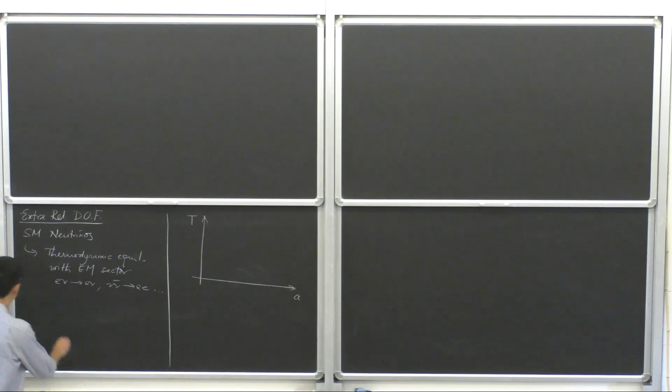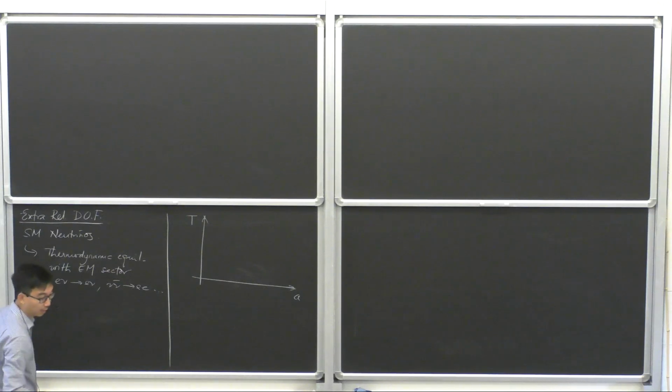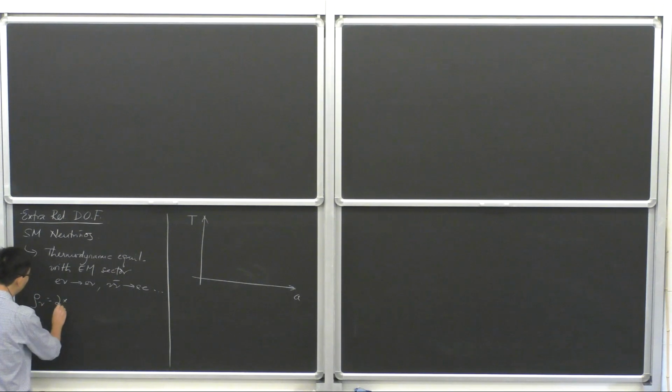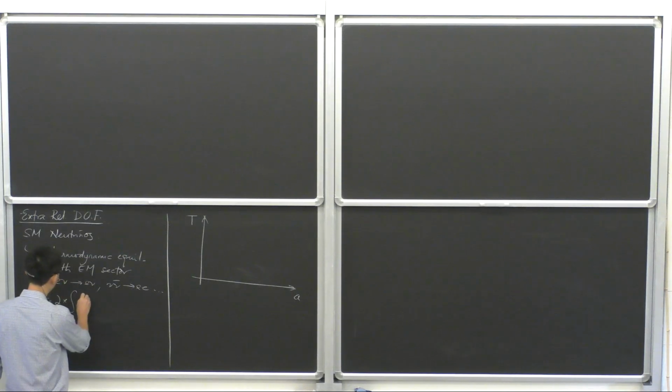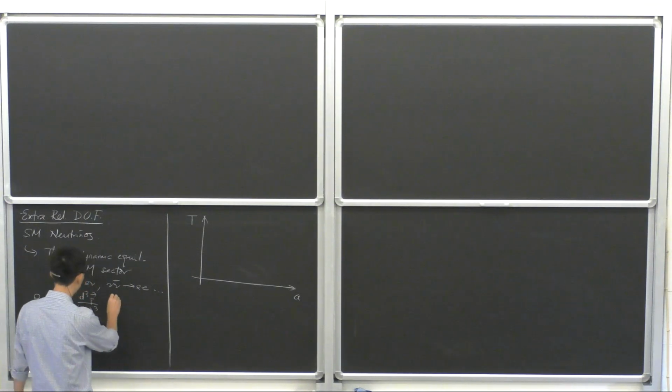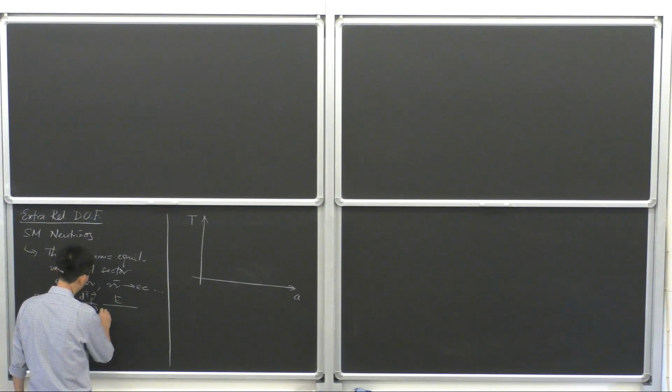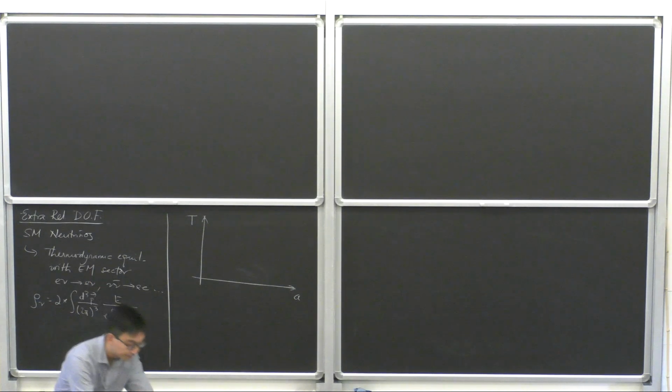So the energy density of just one neutrino would be 2 degrees of freedom, 2 spin states for the neutrino, and then integrating over just the density of states. So something like that. Okay, and you can work this out.